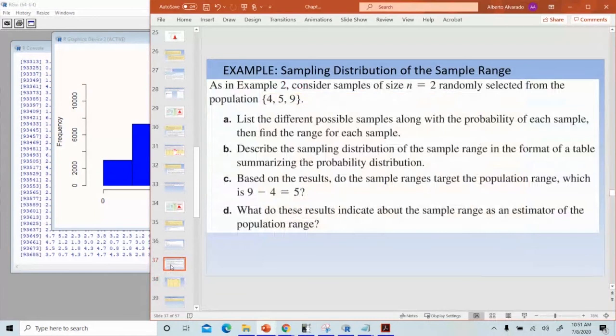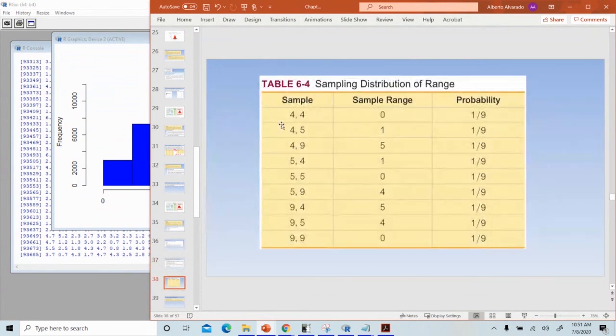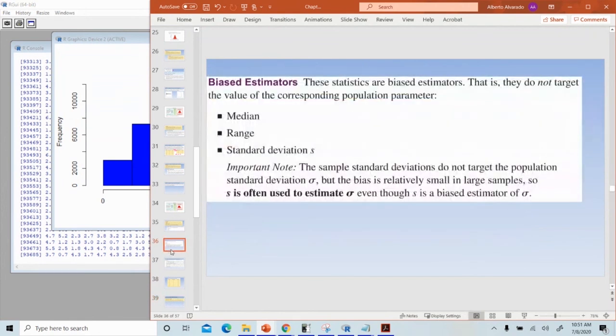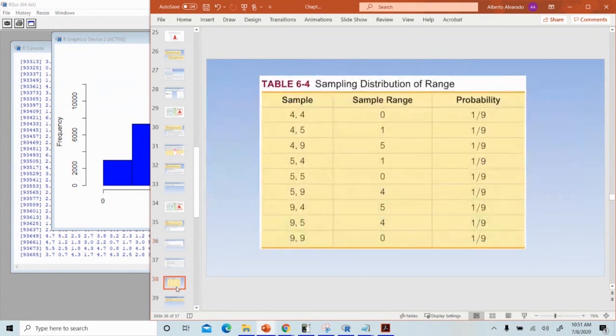But the true range is going to be 9 minus 4. So we see that an individual sample is not really a good estimate of the range. And that's only 2, but just in general, it's not going to be a good estimate of the range. So what's the takeaway there? The range would probably be a biased estimator.